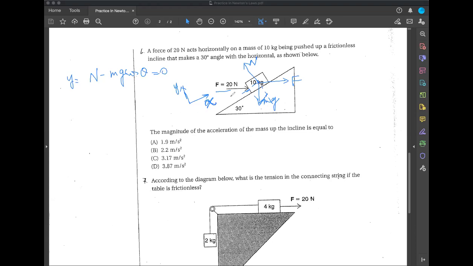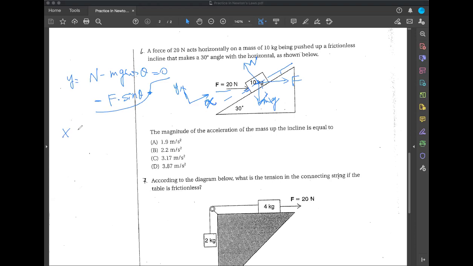Oh, and F also has a contribution to that. So that is the y direction.